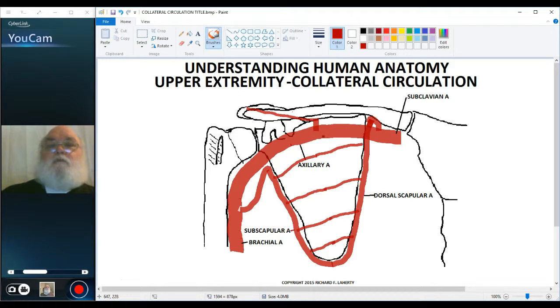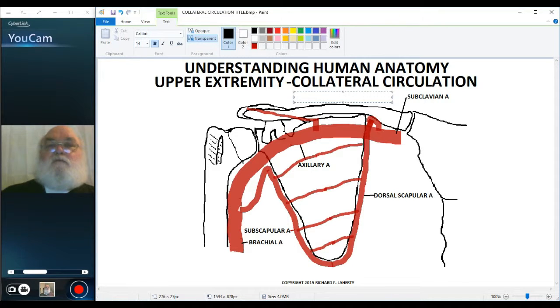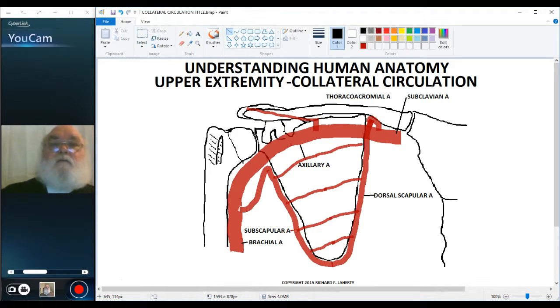In other words, the acromial branch of thoracoacromial. So put the line in for that one.